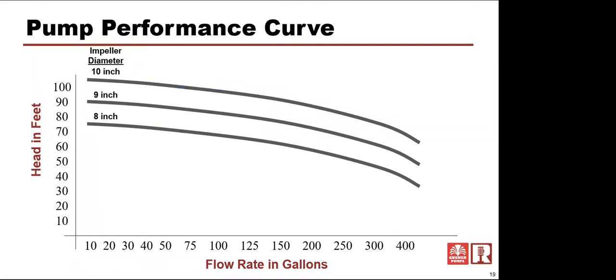Also on the pump curve, you're going to see different impeller trims on a centrifugal pump curve. For instance, if we had a 3x4-10 pump, the maximum impeller diameter may be a 10-inch impeller. And this is what that pump would do if we had a 10-inch impeller in it. If we trim that impeller, which we generally do, to a 9-inch, that would be an approximation of your curve.